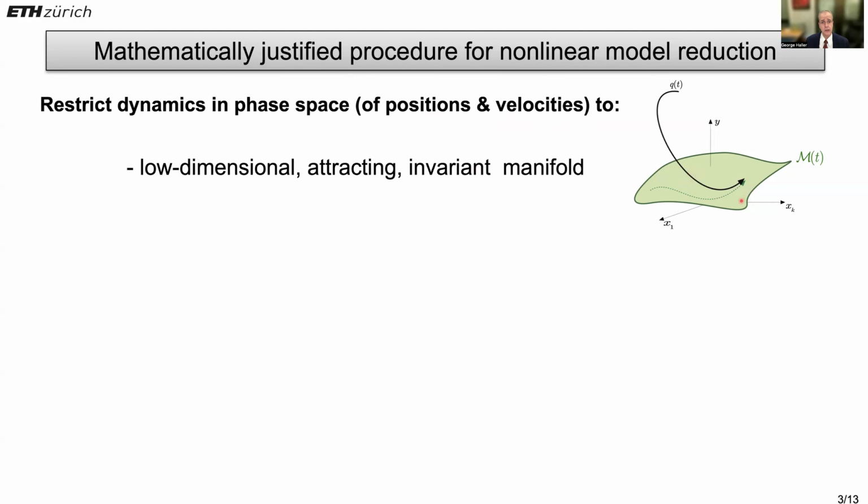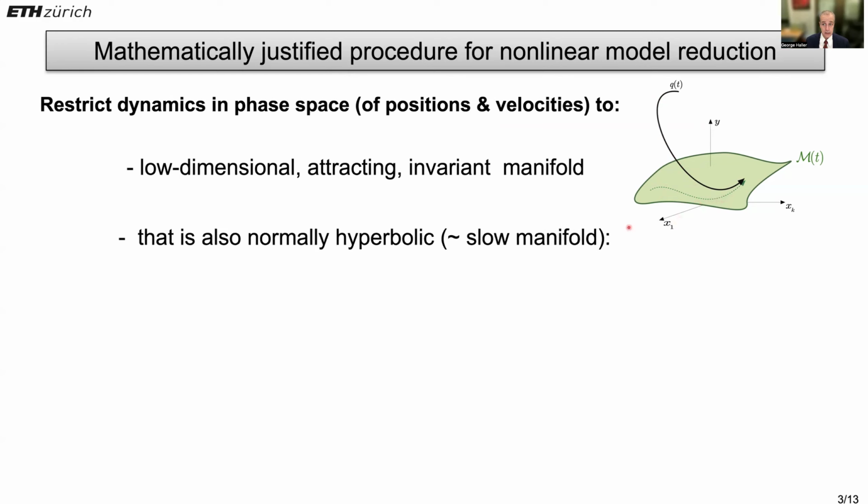So if it's low dimensional attracting and invariant, then it makes sense to explore its intrinsic internal dynamics, because everything else will be attracted to the manifold and will synchronize with the manifold.